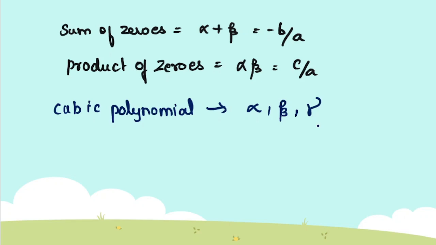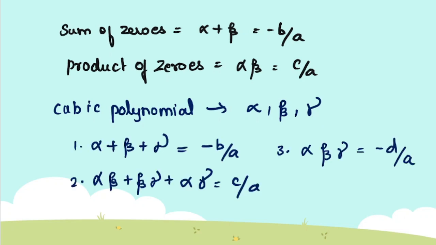Then alpha beta plus beta gamma plus alpha gamma is equal to c by a. This is the sum of products of zeros. Then the product of zeros, alpha beta gamma, is equal to minus d by a. Clear? So this is the first one, this is the second one and this is the third one.